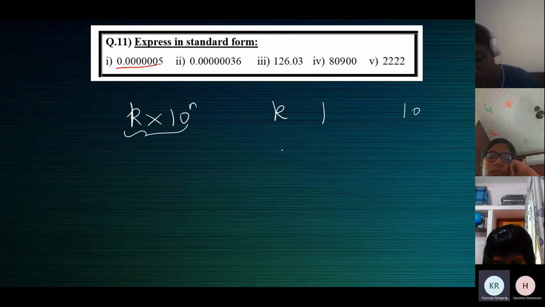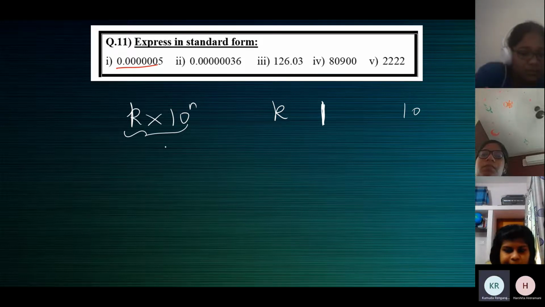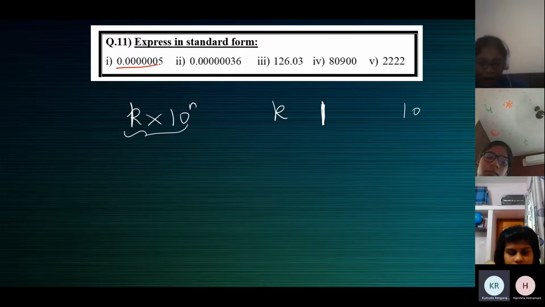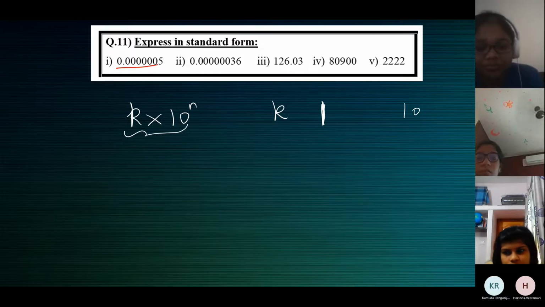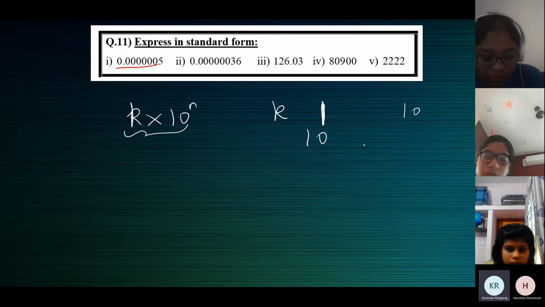Listen carefully. The minimum value of k is 1. Or it can be anything more than 1: 1.2, 1.3, 2.5, 3.6, 7.4, 8.1. Anything more than 1, but less than 10. It cannot be 10. K cannot take the value 10.